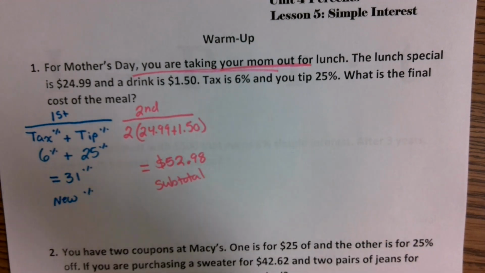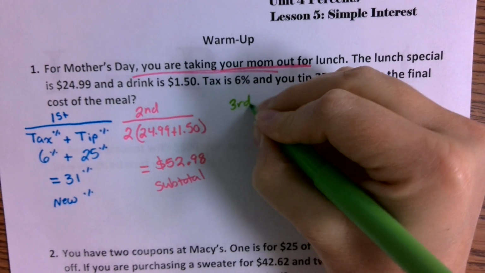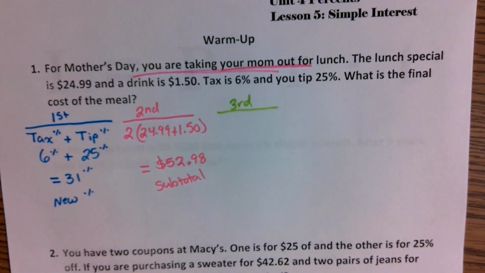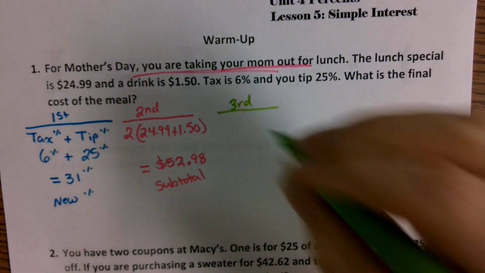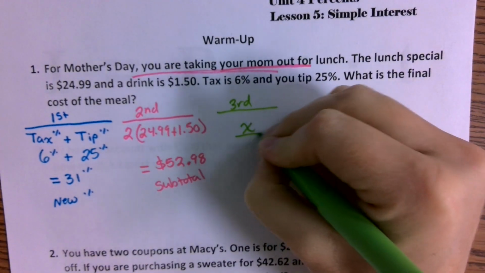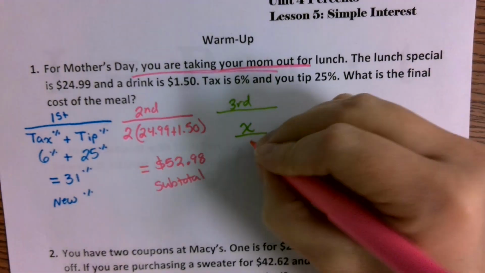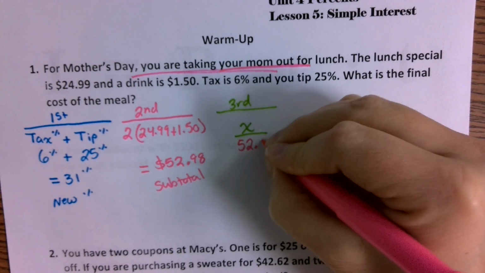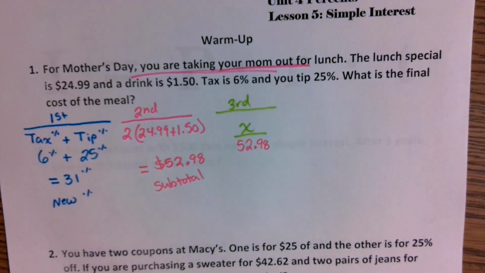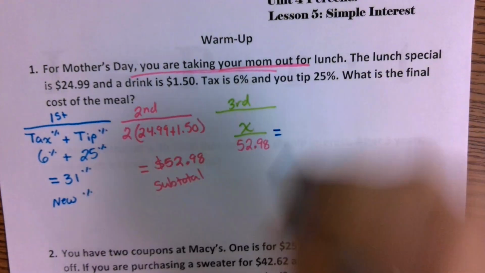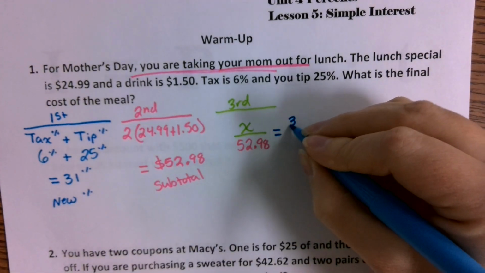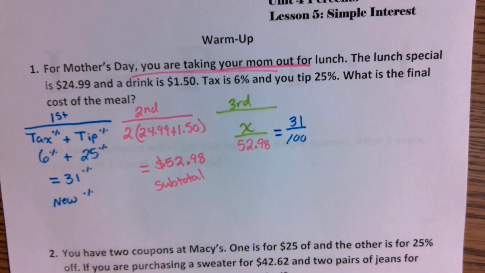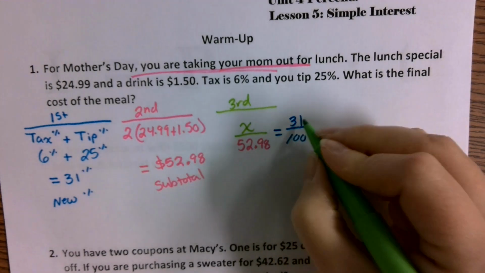Okay, our third step in this situation, after we found our subtotal, we're going to go ahead and set up our proportion. So we've got X over our $52.98, and that's going to be set equal to our percentage that we found, which was 31% out of 100. Okay, we would then do our cross product.